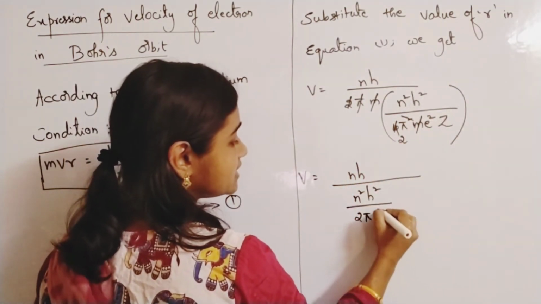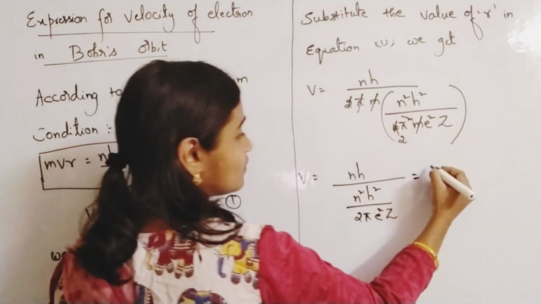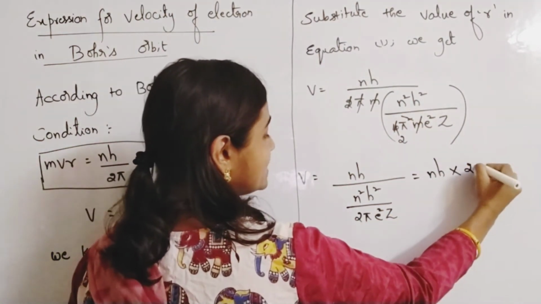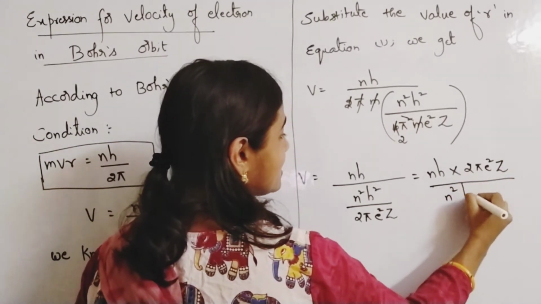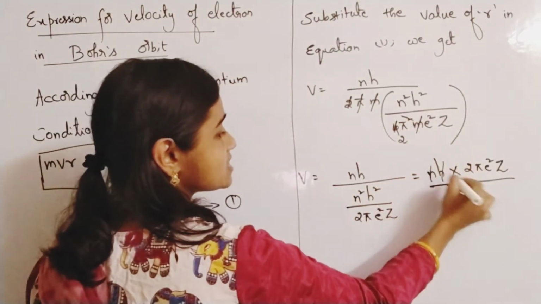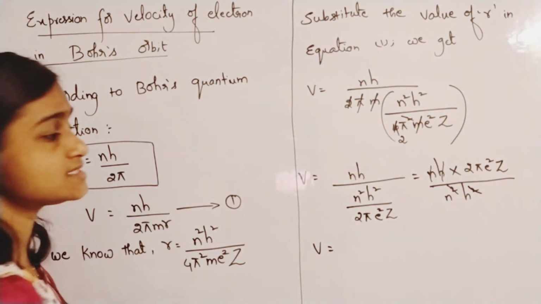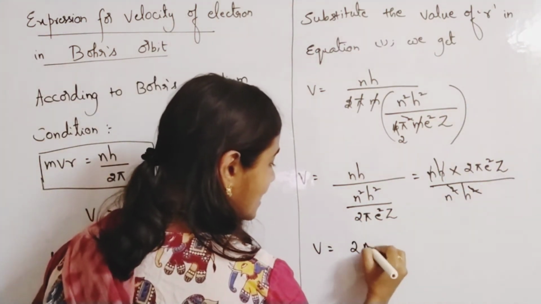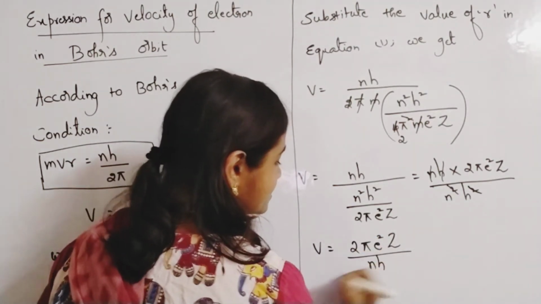Reciprocating, we get nh into 2 pi e square z by n square h square. n and n square get cancelled, h and h square get cancelled. So we are left with 2 pi e square z by nh.